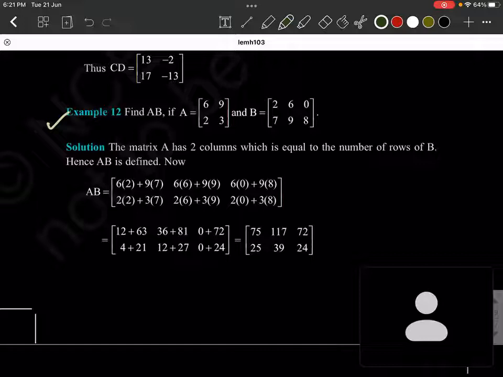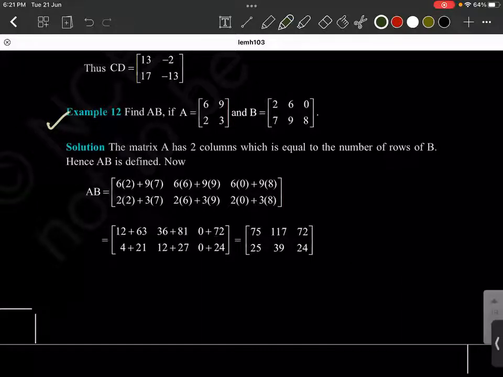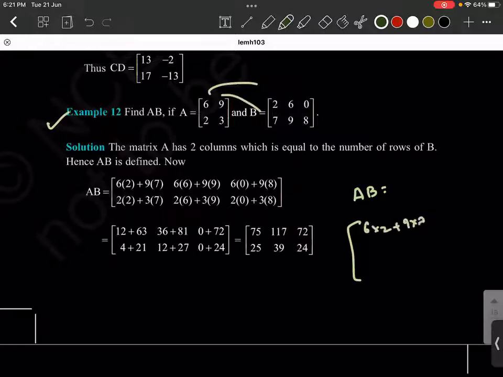So you got the answer. AB should be equal to how much? 6 into 2 plus 9 into 7. Similarly, here you will have 6 into 6. So what will be the order? 2 cross 2 and this will be 2 cross 3, so the output matrix will have the order of 2 cross 3. Correct?